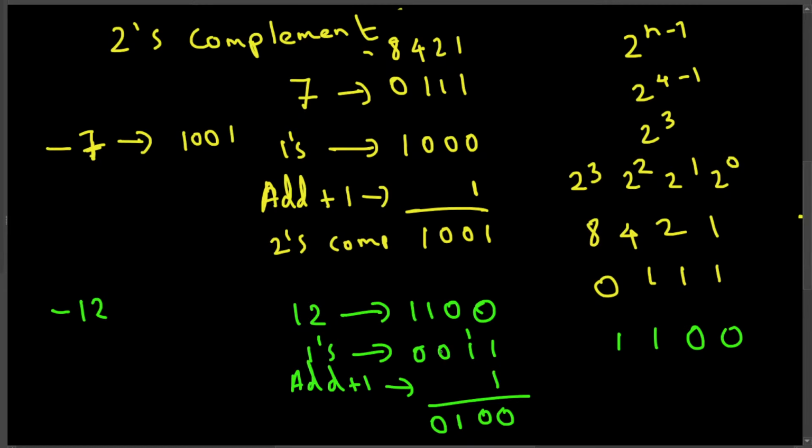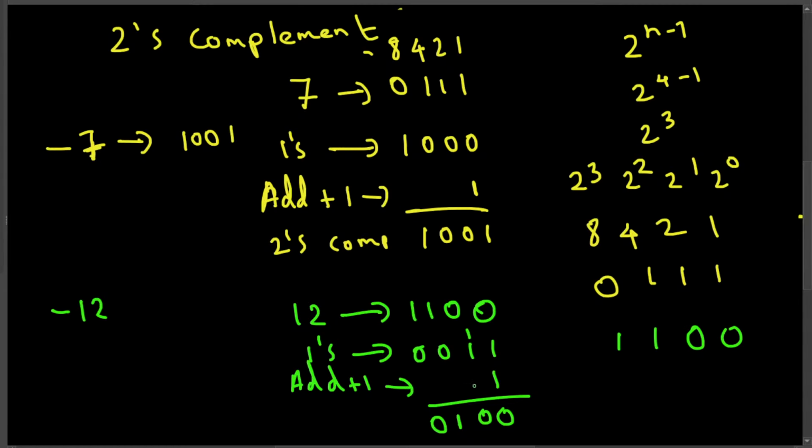Okay, you know what, let me double check. 8 plus 4 is 12. Yeah, 8 plus 4 is 12. And I took the 1's complement, that is 0, 0, 1, 1.